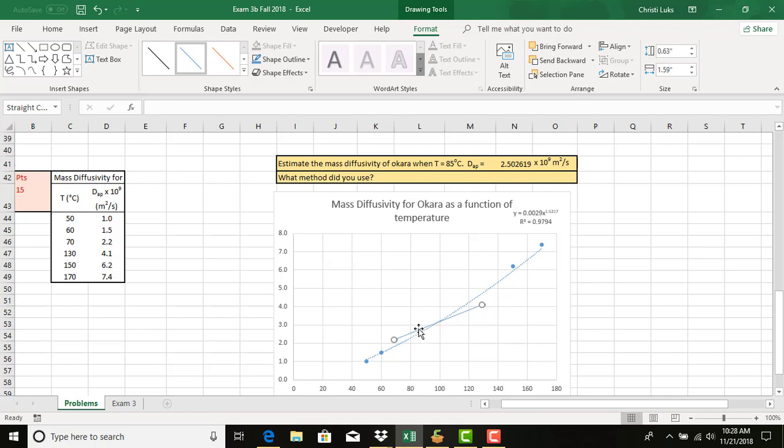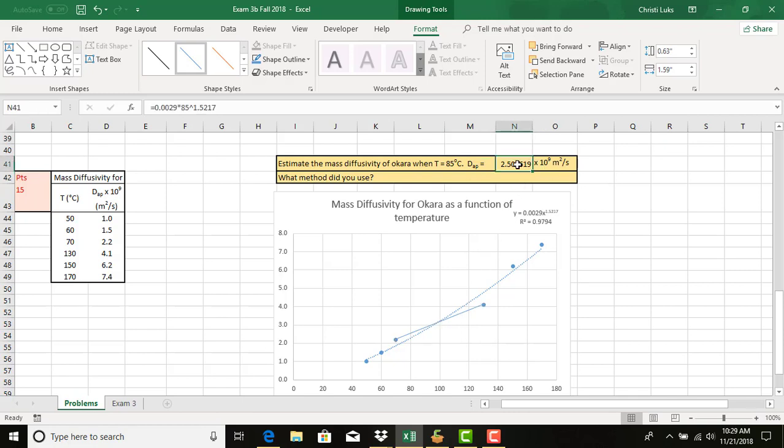At 85, it's going to be a little bit on the high side compared to this. If you had 115, again, it's going to be a little bit on the low side for this, the different numbers that you were given. I think that a straight line fit isn't terrible, but it's not as good as this.